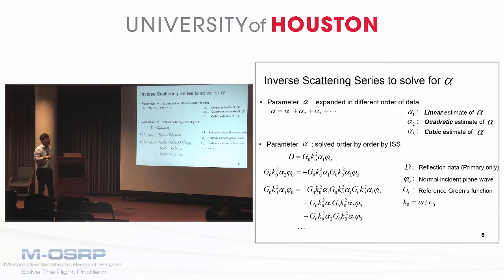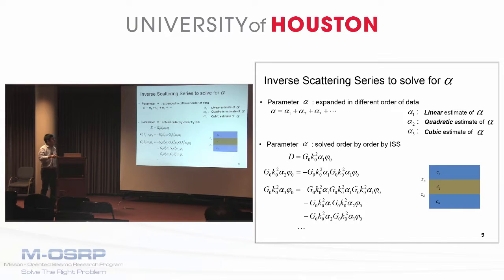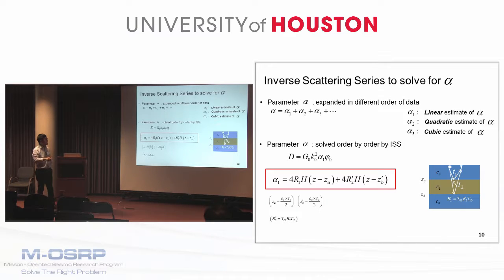If we are considering the imaging and inversion problem, it consists of reflection data containing only primaries, where the reference wave goes, and the multiples have been assumed removed prior to this step. And phi 0 is a normal incident plane wave, G0 is the reference Green function, and K0 is omega over the reference velocity.